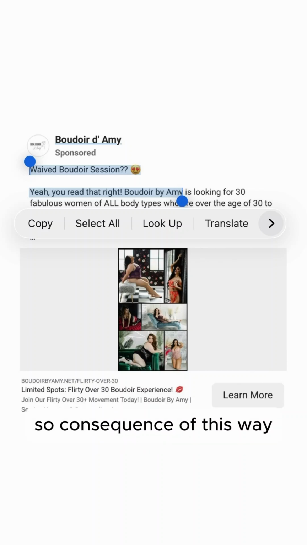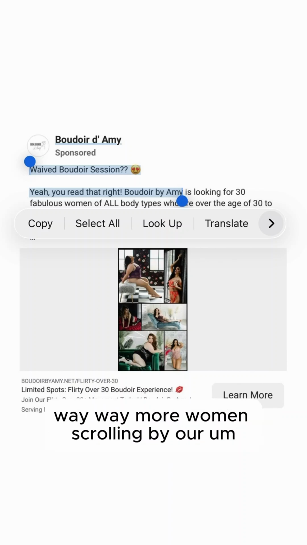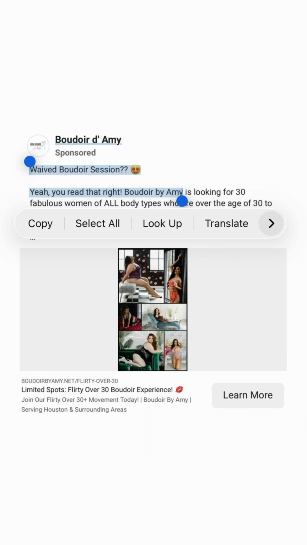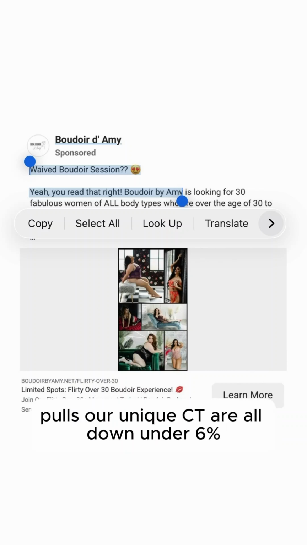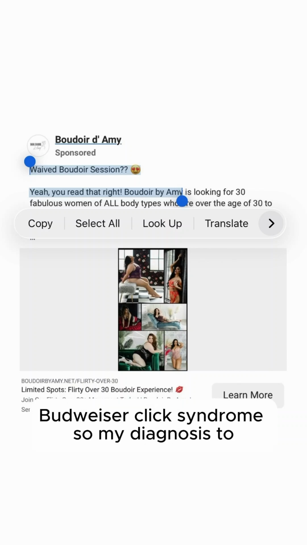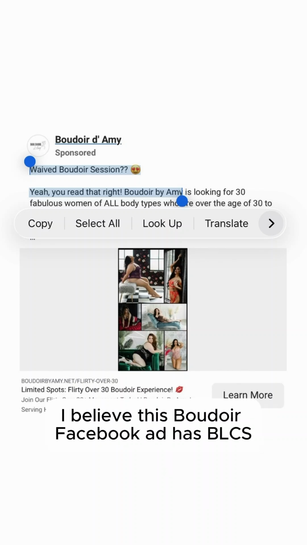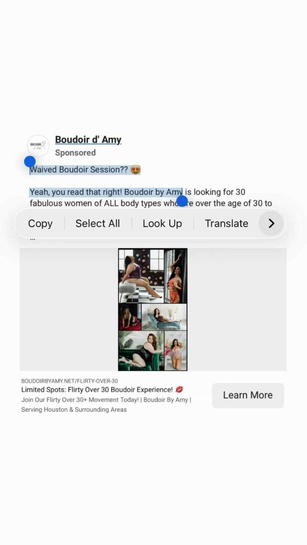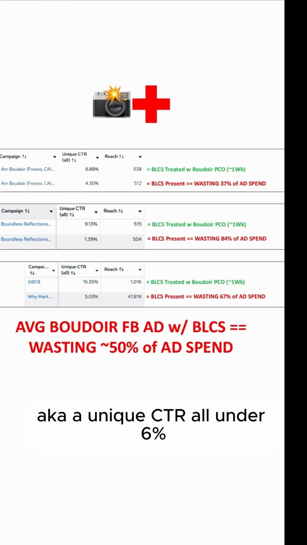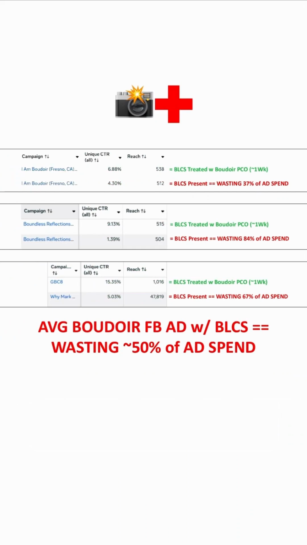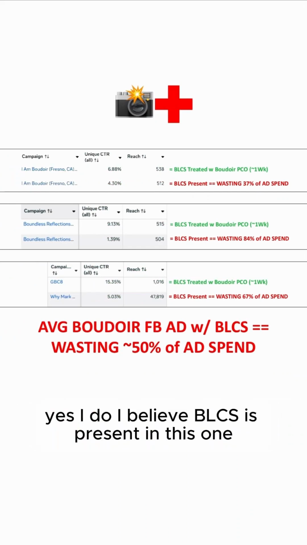The consequence of this is way more women scrolling by our Boudoir Facebook ad than necessary, which pulls our unique CTR under 6% and contributes to BLCS, Boudoir low click syndrome. So my diagnosis: do I believe this Boudoir Facebook ad has BLCS, aka a unique CTR under 6%? Yes, I do. I believe BLCS is present in this one.